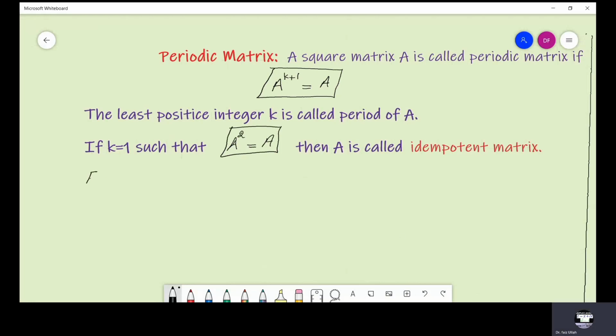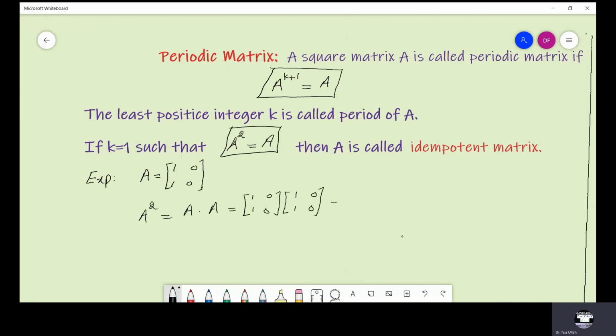Let us see an example. We have a matrix A which is equal to 1 0 1 0. Now, let us obtain A square is equal to A into A. So let us write A, which is 1 0 1 0, multiplied with A, 1 0 1 0.